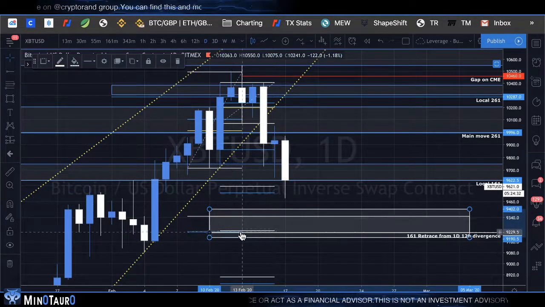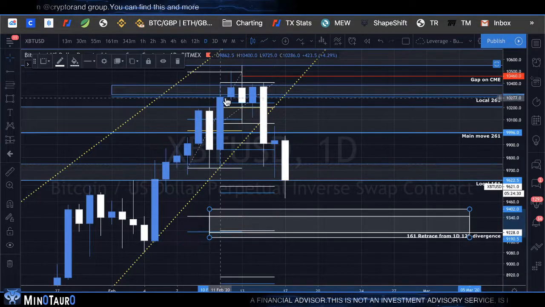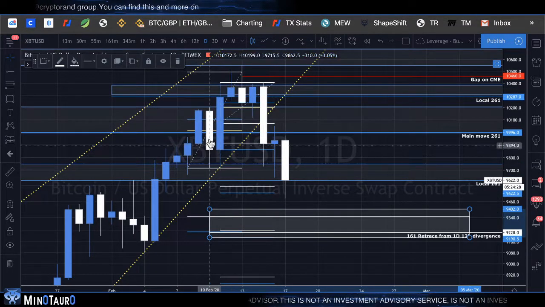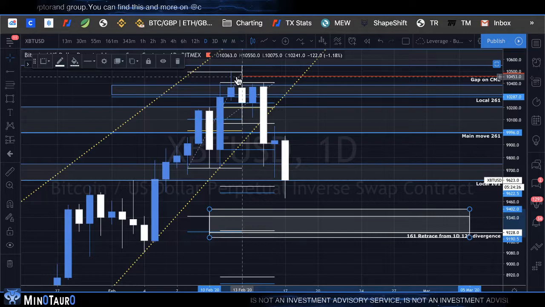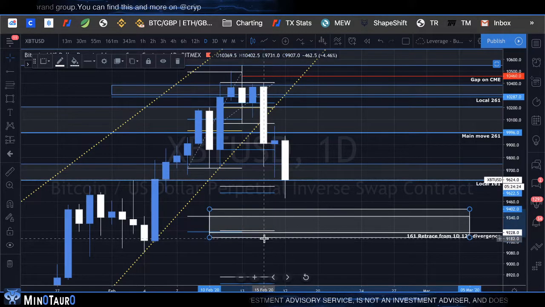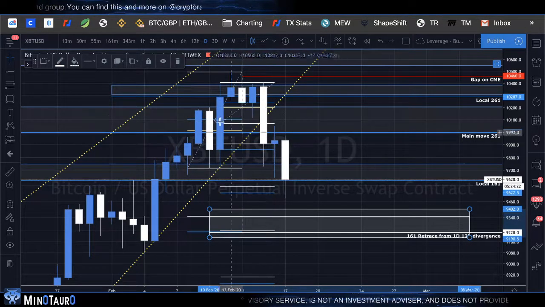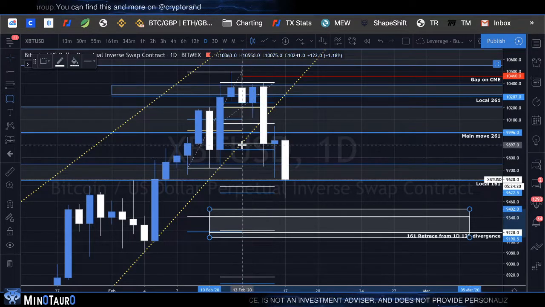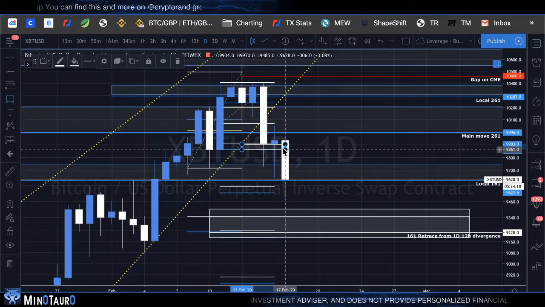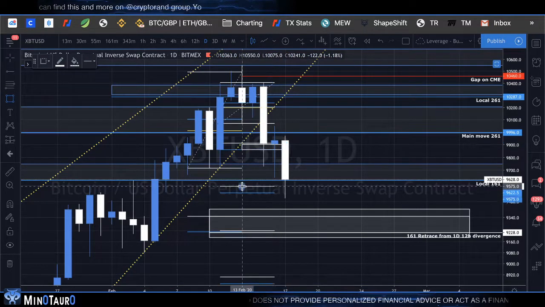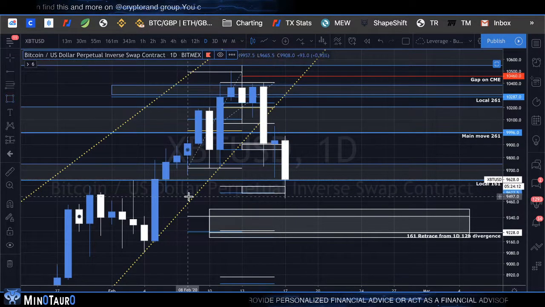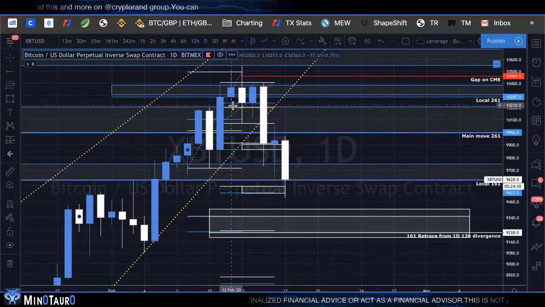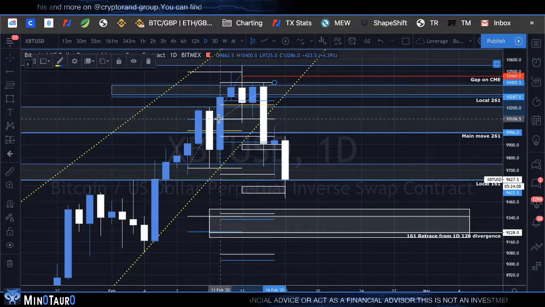How do they work together? You have a 161 coming from a big divergence. Okay, every step is going to do something. So if you check here, you went here and you pump it, then now you went here and you pump it. Okay. You also have the less extended one.